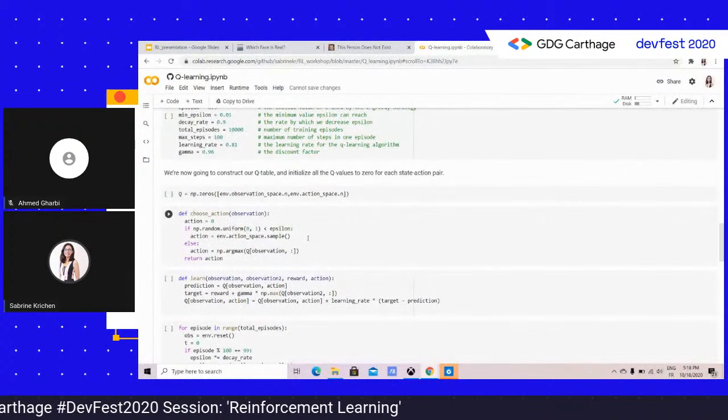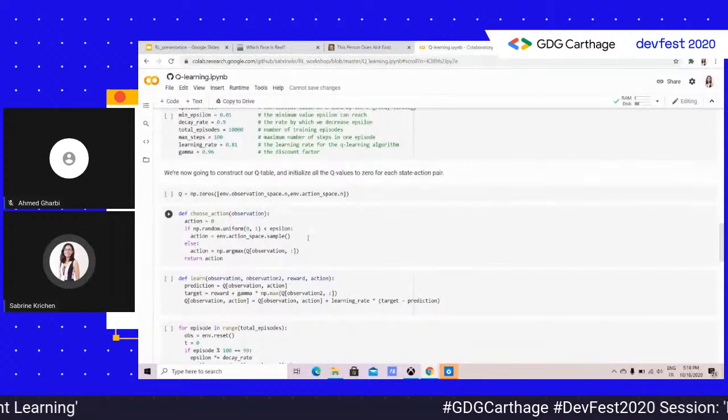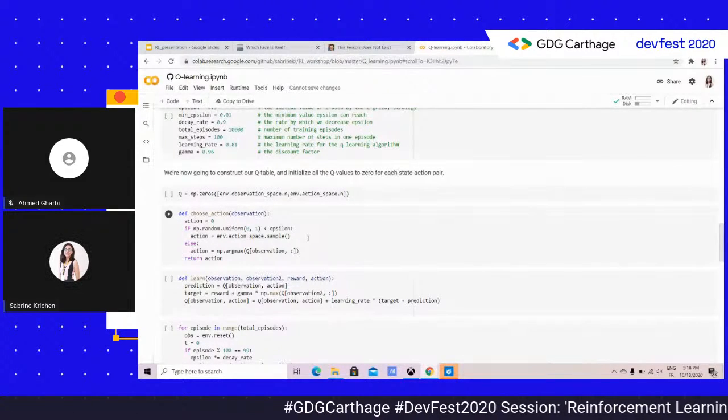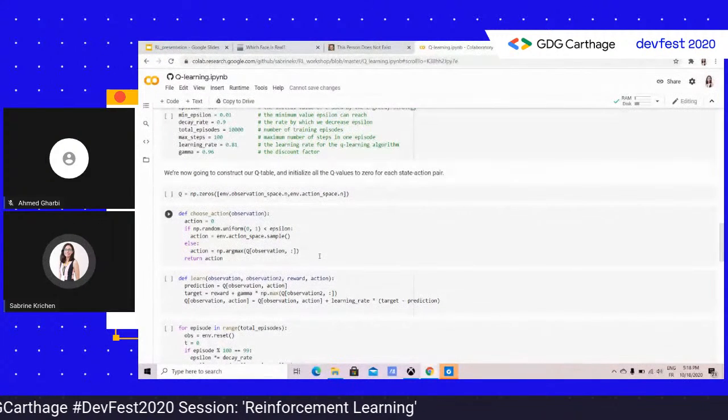So he will choose the action that gives the maximum Q value from the Q table. So here he's going to do exploration, and here he's going to do exploitation.